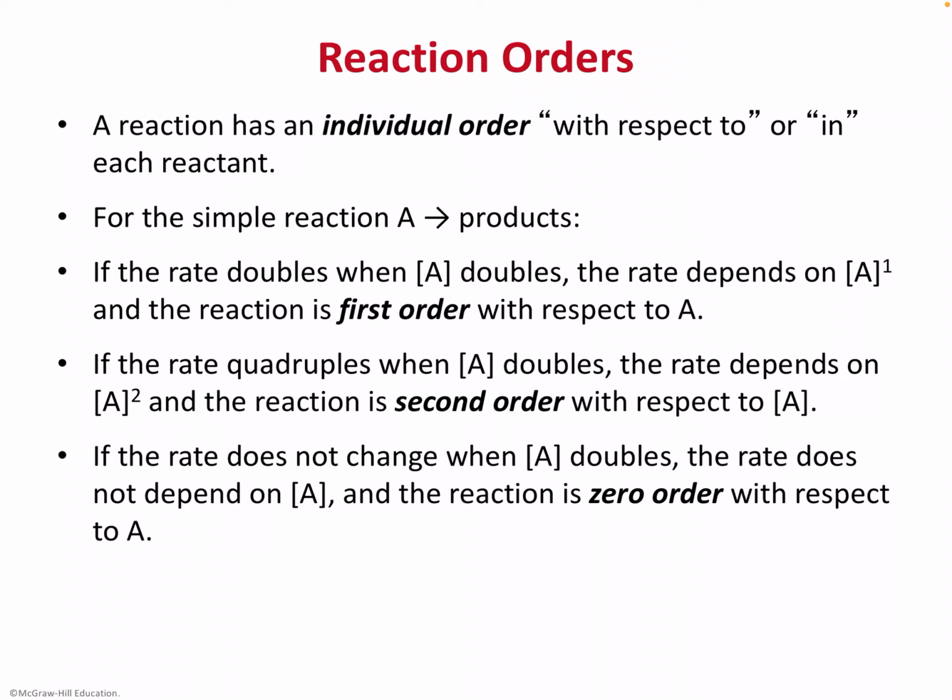Zero order means you double the concentration of A and nothing happens to the rate. First order, you double the concentration of A and the rate doubles. Second order, you double the concentration of A and the rate quadruples. Okay, so that is what it means when we say a reactant is first order, second order, third order, zero order or a fraction.